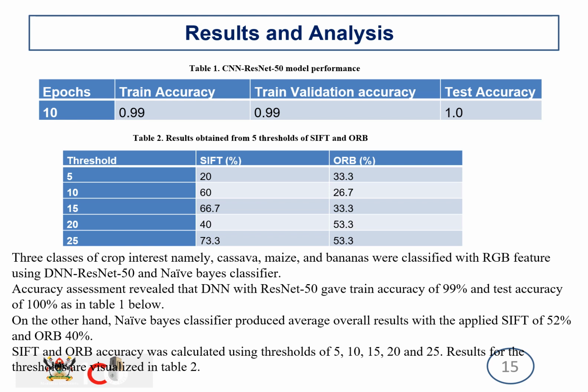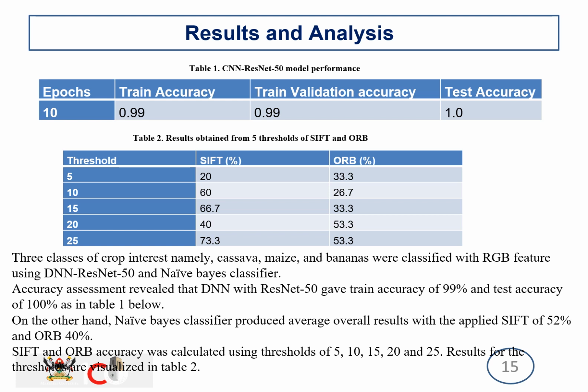Whereas for the naive Bayes, through the 2 feature extractors, we employed about 5 thresholds, where the first threshold, which took 5, gave us 20% for SIFT and 33% for the ORB.